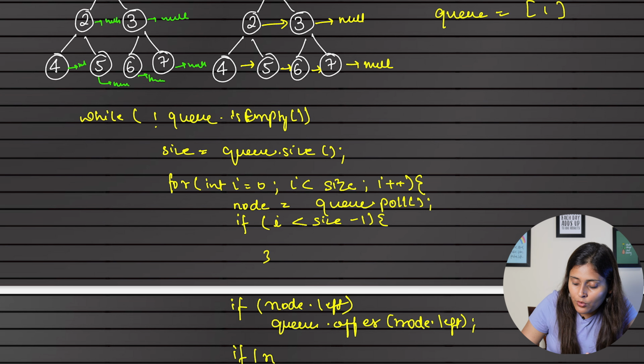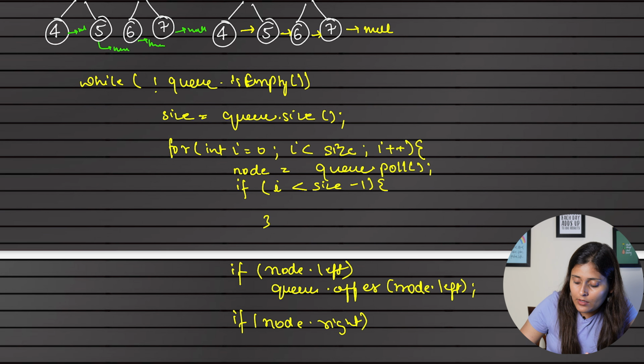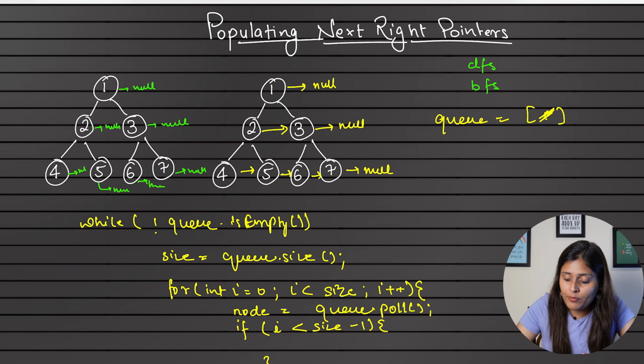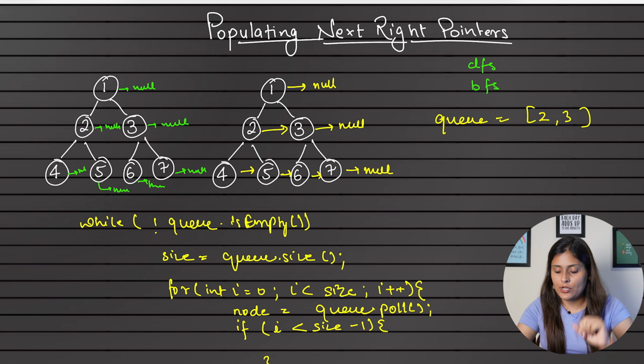Similarly, if node dot right child exists, then in the queue we will offer node dot right. Can I say that? Yes. Now as we have popped 1, 2 will get inserted, and 3 will get inserted as its children.